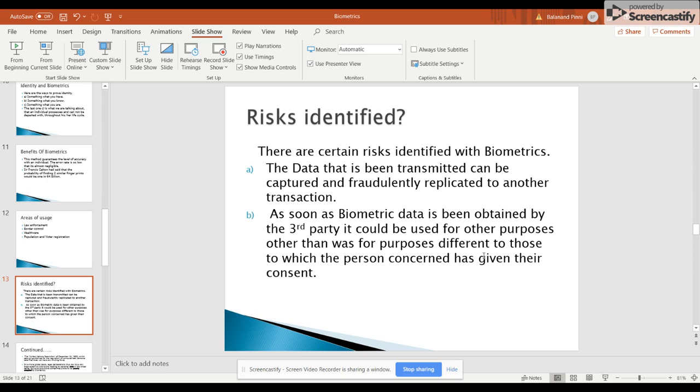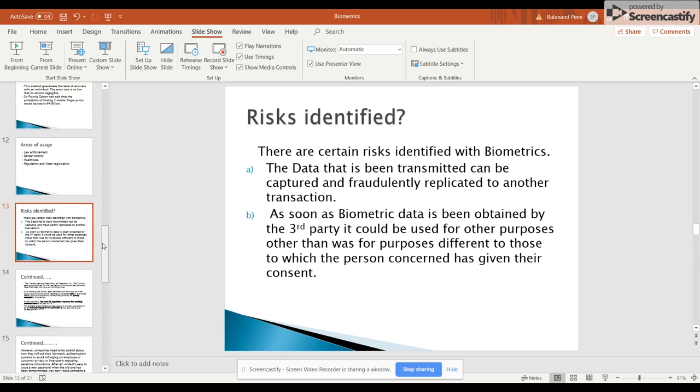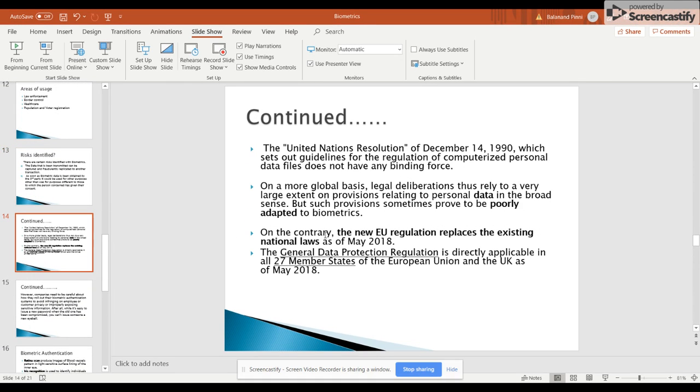So there's something called a consent order that's given by each state in the United States. For example, it is the Attorney General in New York. He provides certain consent orders that the biometrics are to be used only for a specific purpose. You cannot use it for some other purpose. So there's a risk that people could use it for some other purpose if they get their hands onto the database.